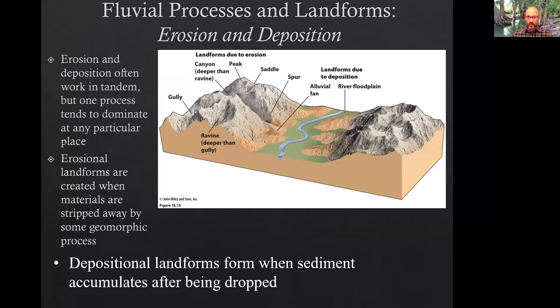And when landforms erode, they create things from uplifts, and these things that are created are gullies, like we mentioned before, ravines that grow from gullies, and then full-fledged canyons, which leaves peaks, saddles, and spurs in the landforms that are at higher elevation.